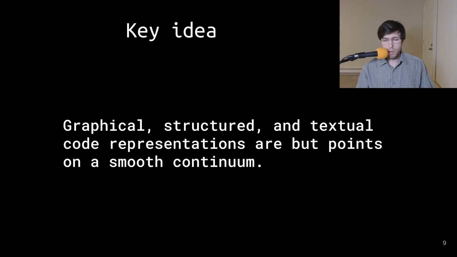So there's one key idea underlying the design of the new compact syntax, and that's that there are no barriers between the different programming representations we already have. So already we have graphical, we have structural editors, we have textual code, but really these are all points along a continuum in a space of designs of representations of programming languages.